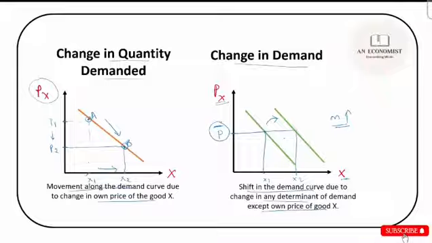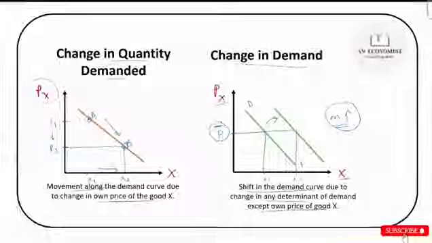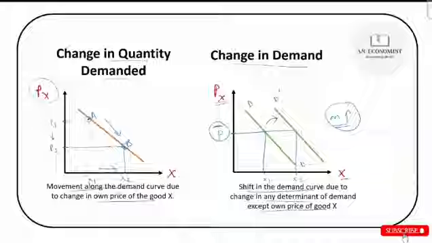If you were taking the M and X axes, then that would again be a movement along the demand curve, but you are not doing that. You are not changing the endogenous variable here, you are exogenously changing the money income, which will cause a shift in the demand curve in the rightward direction. So this was your initial demand curve DD, and D prime is your new, shifted demand curve due to an exogenous change in any of the determinants of demand.